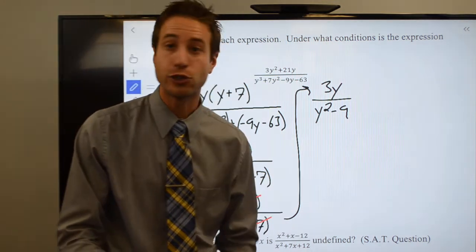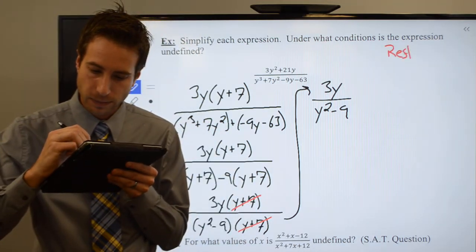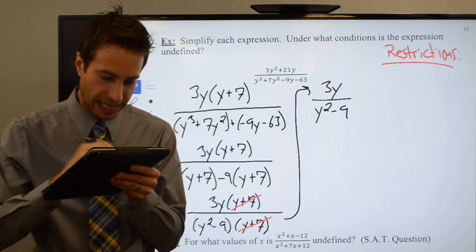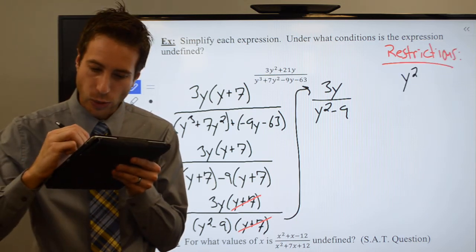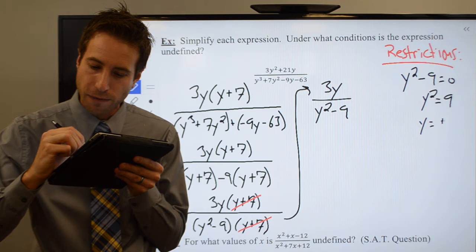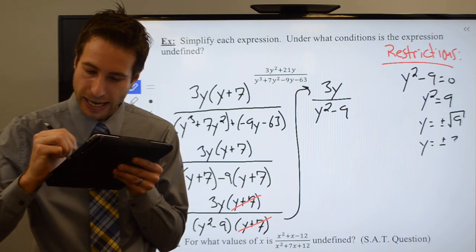So we go ahead and do our restrictions for this one. Here's what I get. Y squared minus 9 is equal to 0. Add the 9 to the other side. Take the square root of both sides. Don't forget to do plus or minus. And we get plus or minus 3.